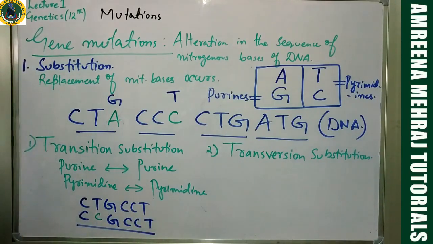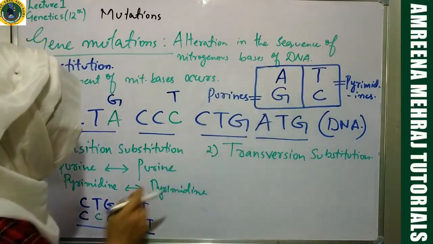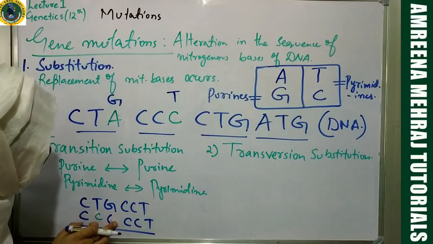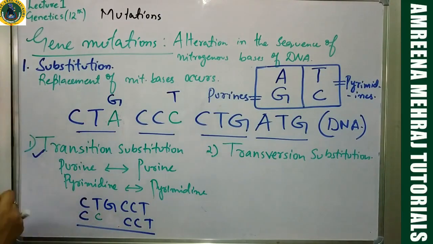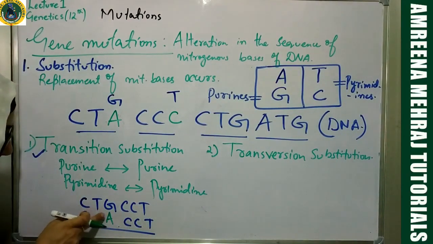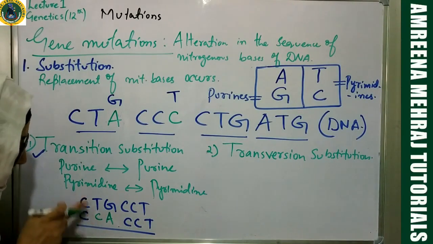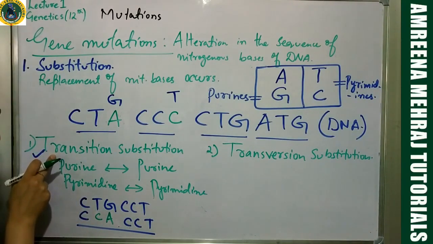This type of mutation is called transition. Or I will write in place of guanine. Guanine is what? A purine. I will replace this guanine with adenine. So a purine is replaced by a purine, a pyrimidine is replaced by a pyrimidine. This type of mutation is called transition substitution.